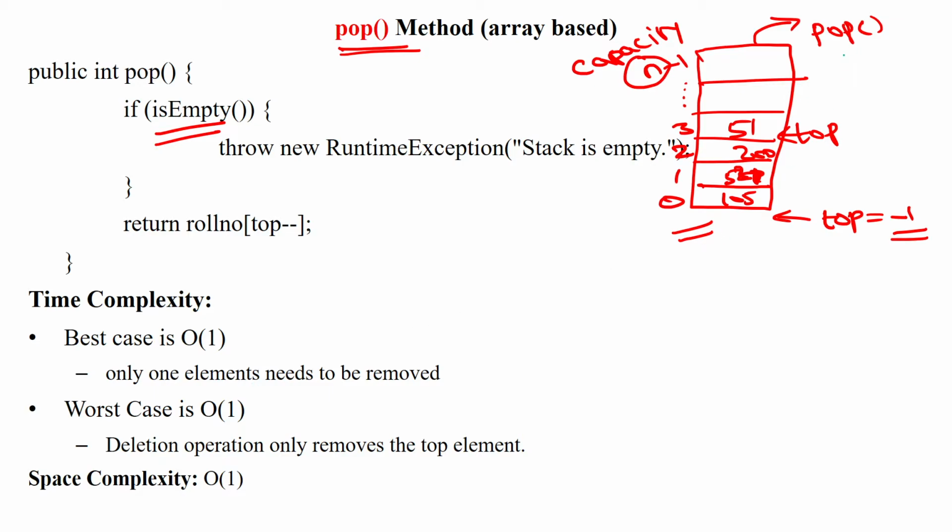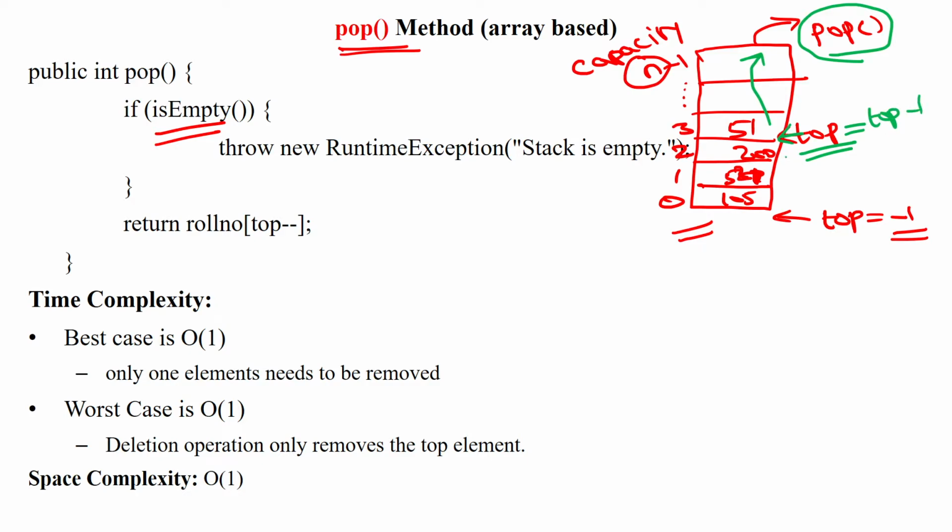When you call the pop method, the top element will be popped out from the stack. Popping out means removing from the stack. For that, when removing, the top variable is automatically decremented by 1: top equal to top minus 1.